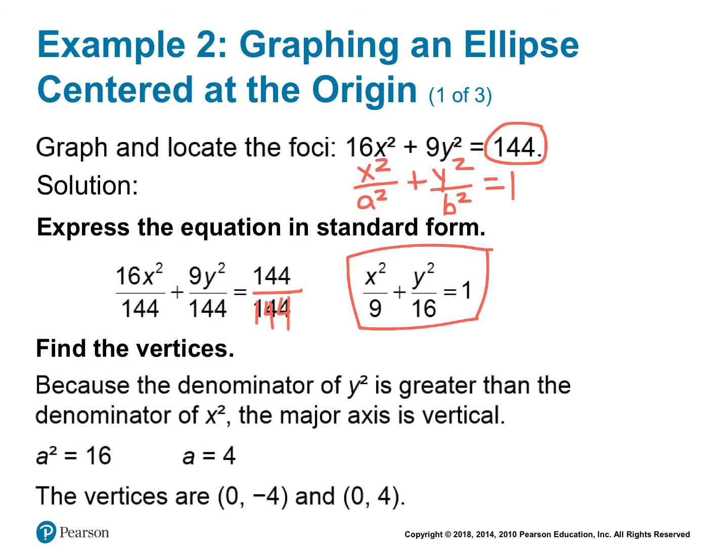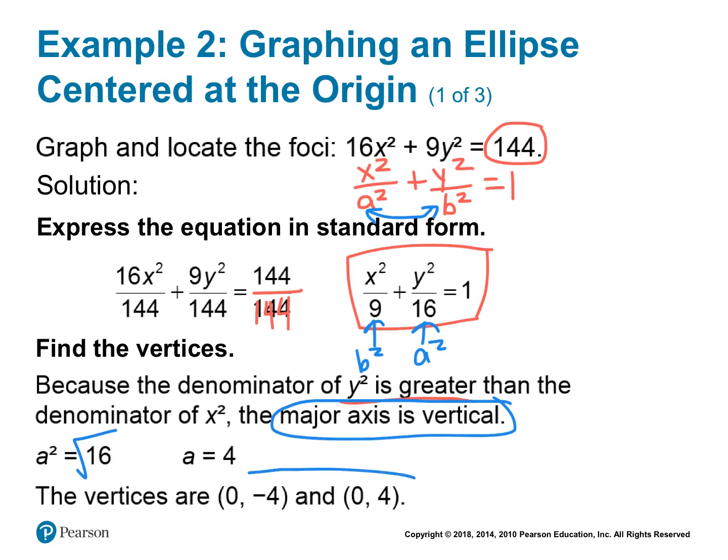So this time the denominator of the y squared is greater than the denominator of the x squared. So the major axis is going to be vertical. So this time these are actually going to be switched. This is our a squared. This is our b squared. So the square root of 16 is 4.